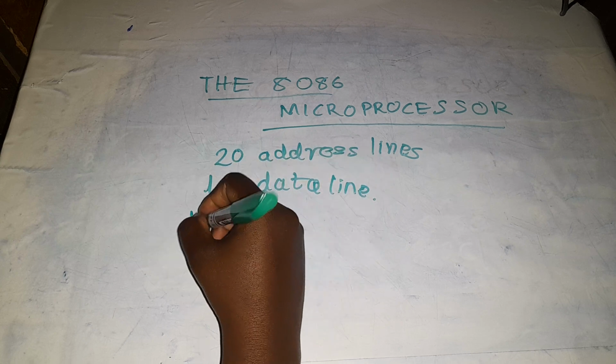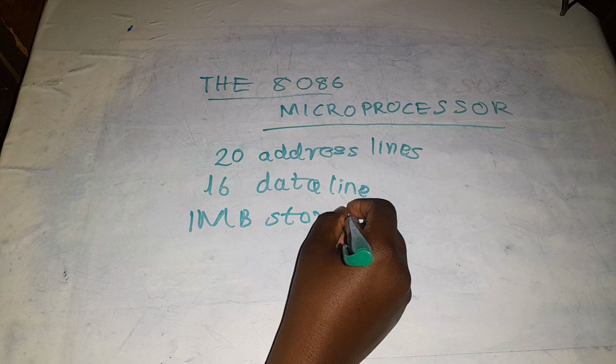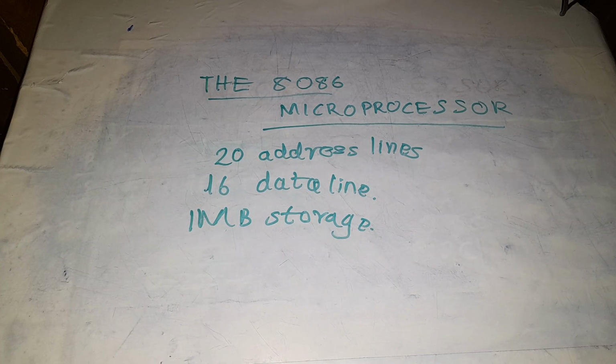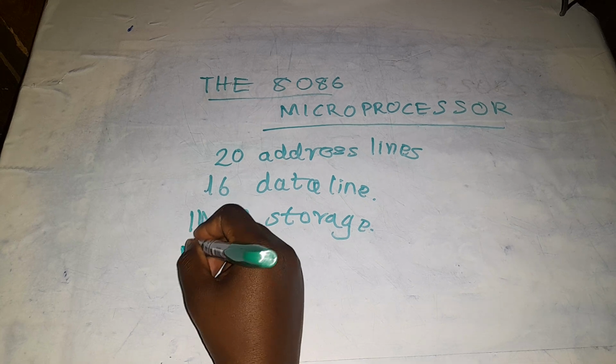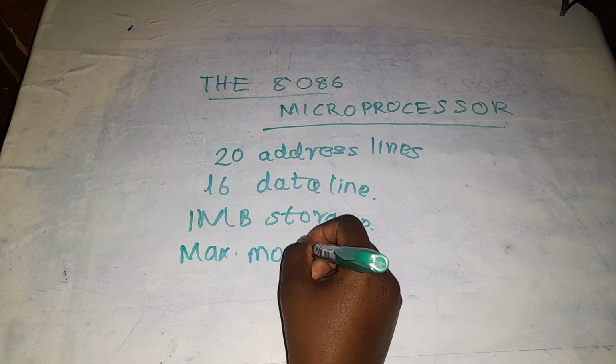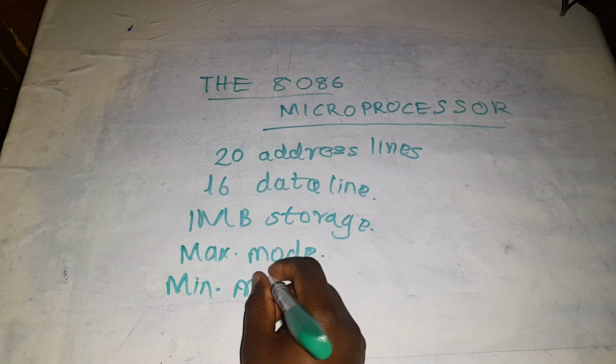And then 1 MB of storage. And then you're going to understand the maximum mode of operation and the minimum mode of operation.